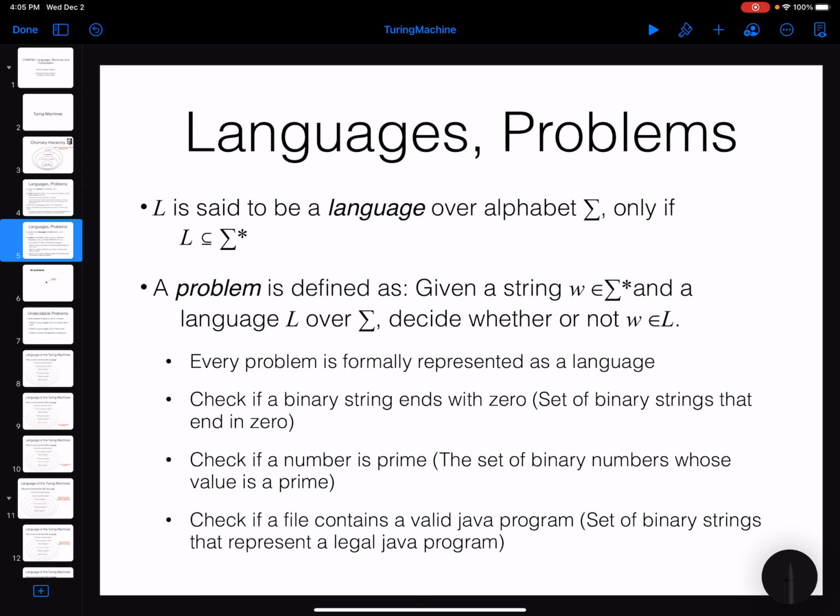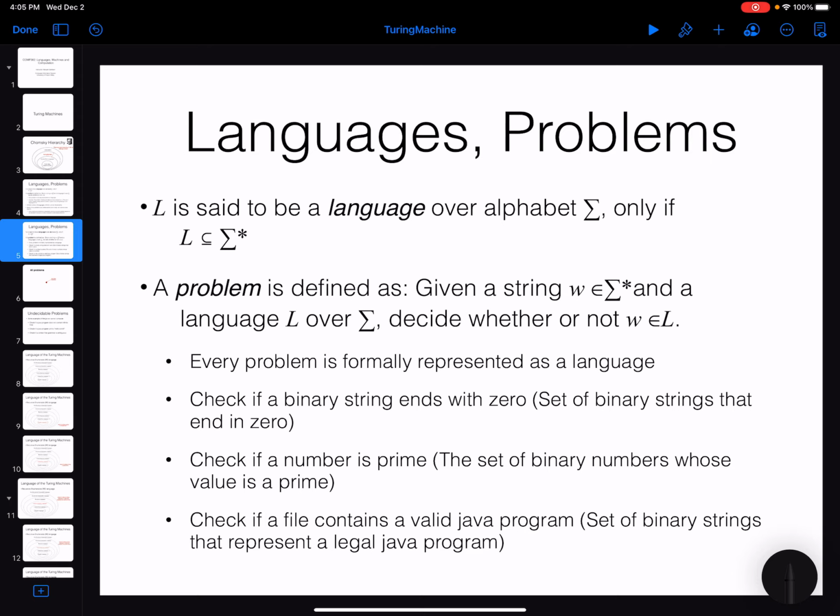Or for example, we want to check if a number is a prime number. So we can define the language to be the language of all binary strings that represent a prime number, and given a binary string input, we want to know if it belongs to this language or not. Or for example, we want to check if a file contains a valid Java program without any syntax error.